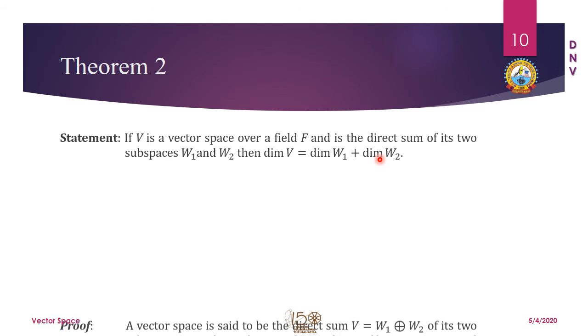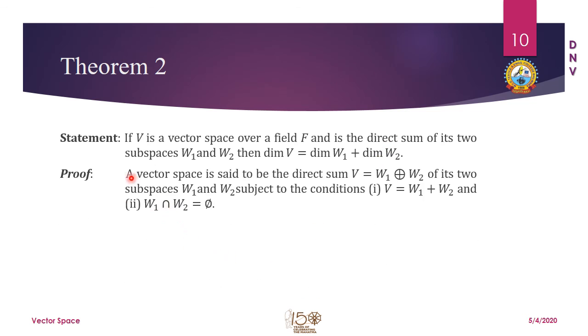So what does it mean? A vector space is said to be a direct sum V = W1 ⊕ W2 of its two subspaces if they satisfy these two conditions.